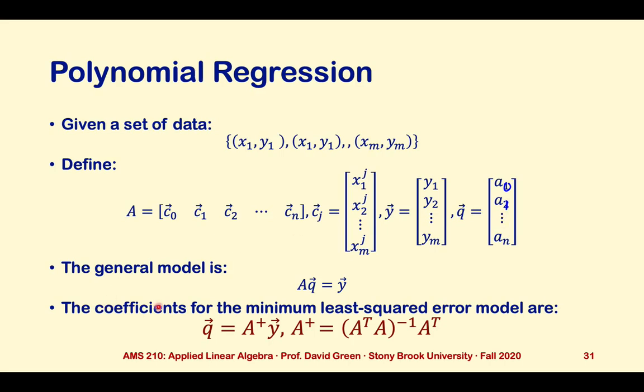We can find the coefficients for the minimum least squared error model, exactly the way that we did, using the pseudo-inverse. Q equals the pseudo-inverse of A times Y, where this pseudo-inverse is A transpose A all inverse multiplied by A transpose.